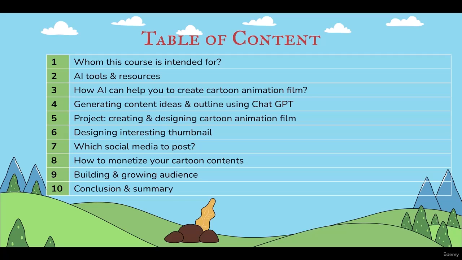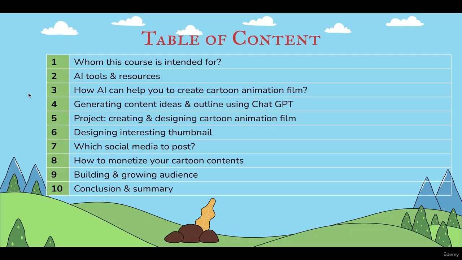We're going to use text to image generator, we're going to use ChatGPT, we're going to use AI animation tool, and also Veed IO, which is one of the best free editing software, right? So yeah, and don't worry, all tools that we're going to utilize in this project are completely free. So you're not going to spend any money, you don't have to pay anything for those tools, right? So yeah, that's the second chapter.